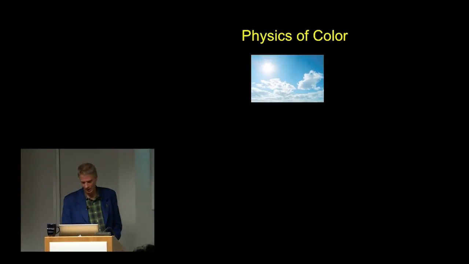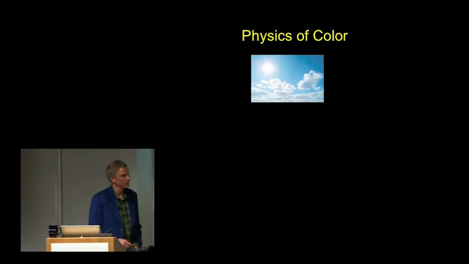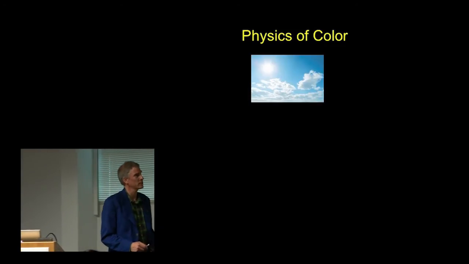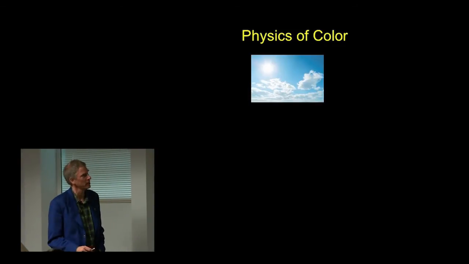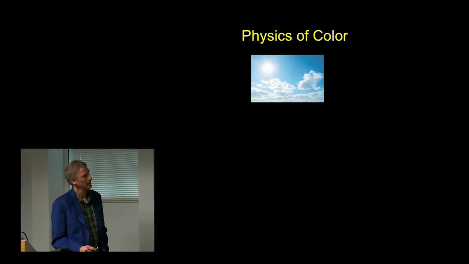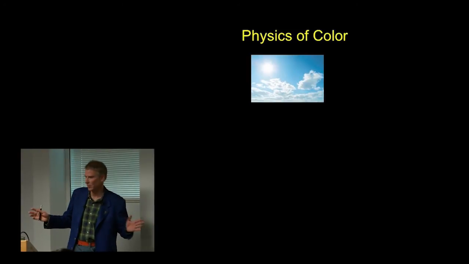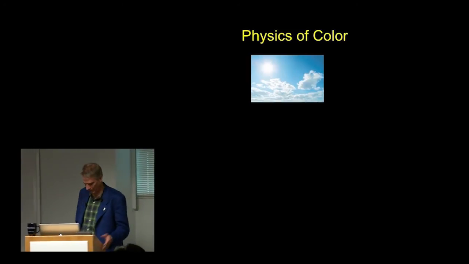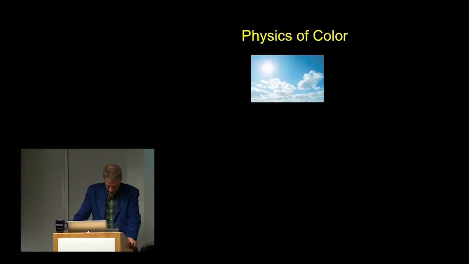So how is color generated? Well, you have a light source. Evolutionarily, the only light source, except for the occasional fire, is the sun, which radiates across the entire spectrum. The sun, of course, has gamma rays, although not that much compared to other gamma stars, but it radiates across the entire spectrum.